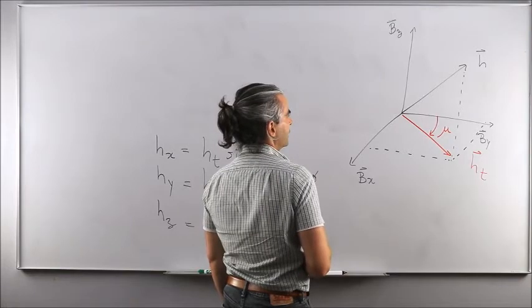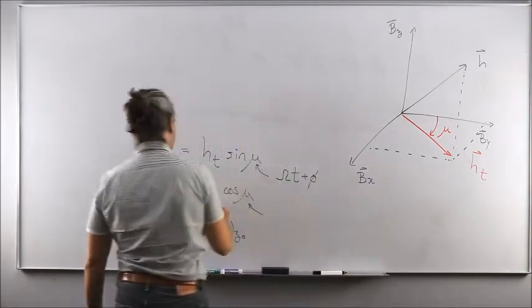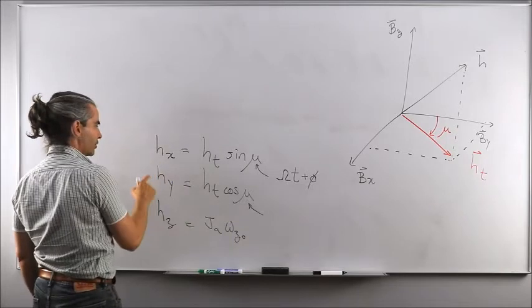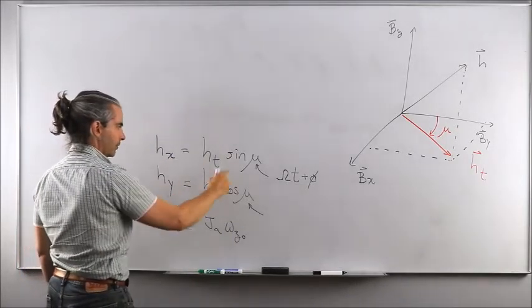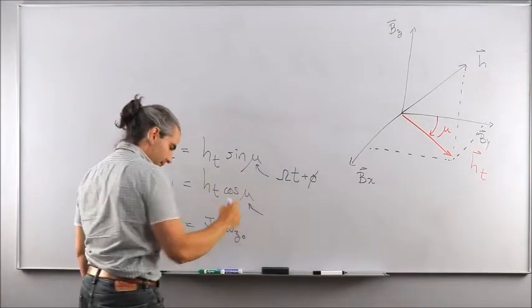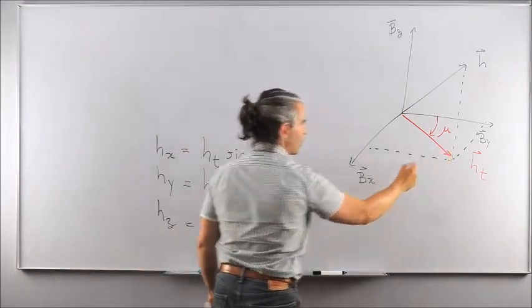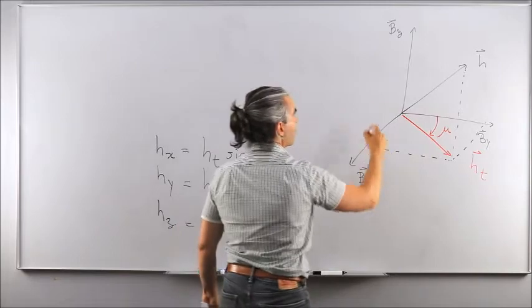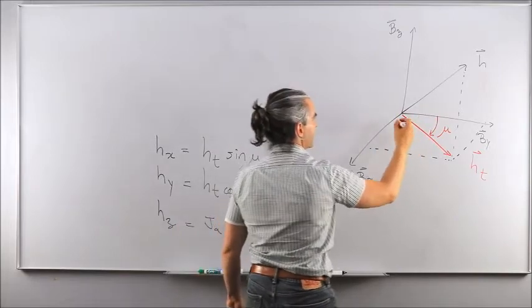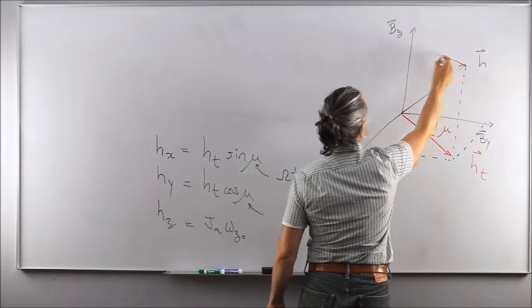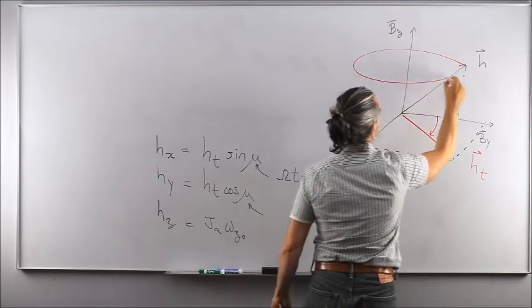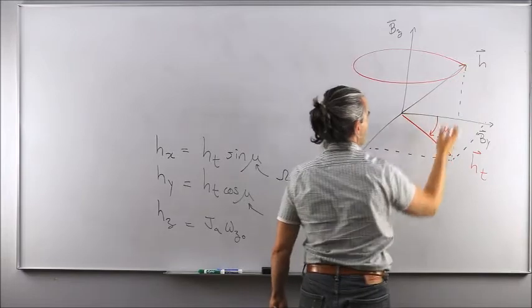If you look at the equations here, it means that the transverse components x and y together, because this is sine and this is cos, draw a circle around bz, which implies that the tip of the h vector also has to draw a circle around bz, because that one is just the projection of h.